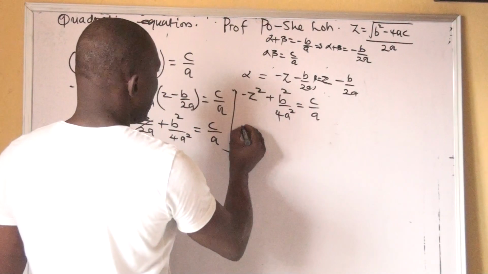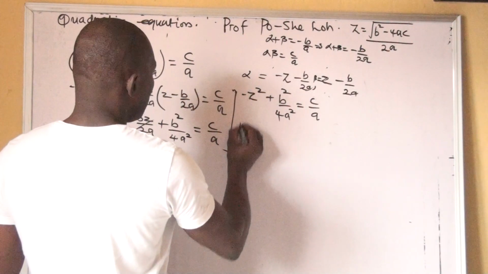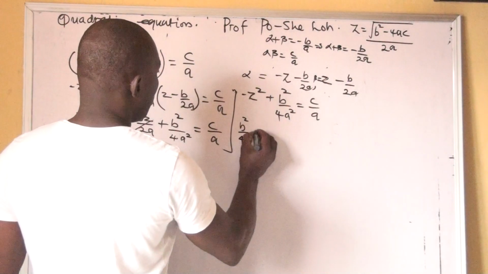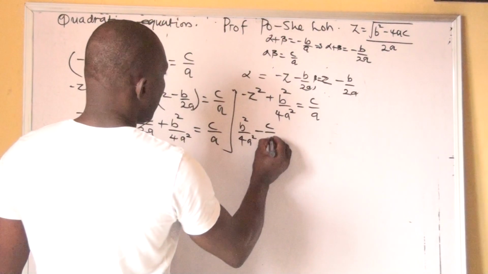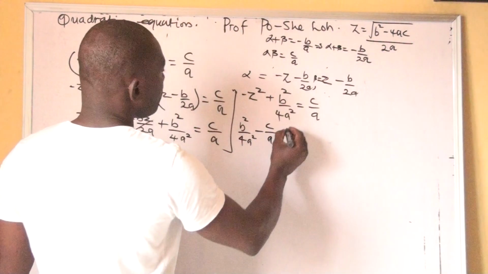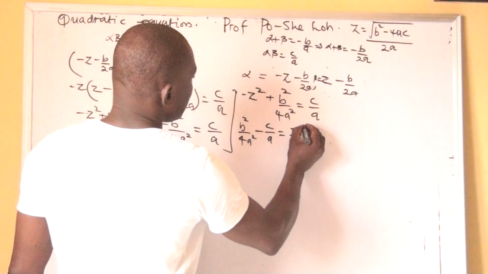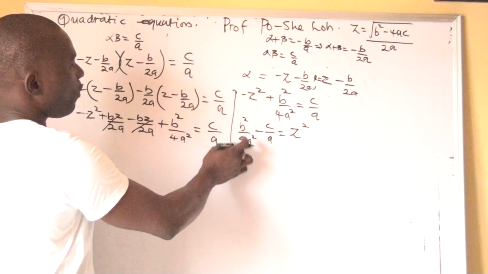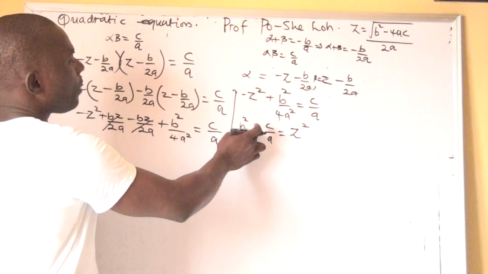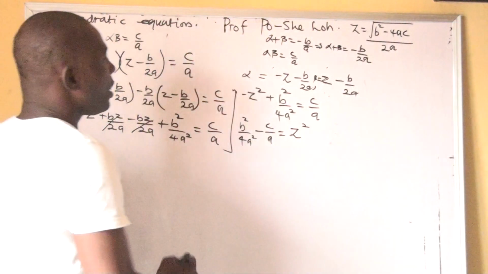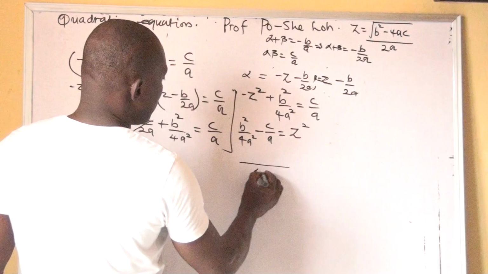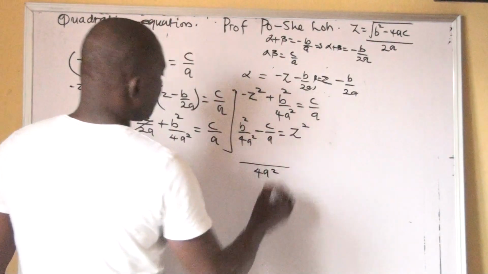So we have b squared over 4a squared minus c over a is equal to z squared. Here we can see that b squared over 4a squared minus c over a is a fraction, and the LCM for this fraction is 4a squared.